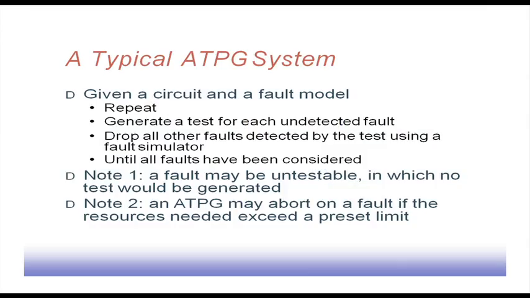This fault is not redundant or untestable, it can be tested, but the current setup of ATPG is not able to do that. So, instead of just staying with this particular fault, the ATPG will look for some other faults, because the ultimate goal of ATPG is to improve fault coverage. If it can detect some other faults, the fault coverage can be improved.